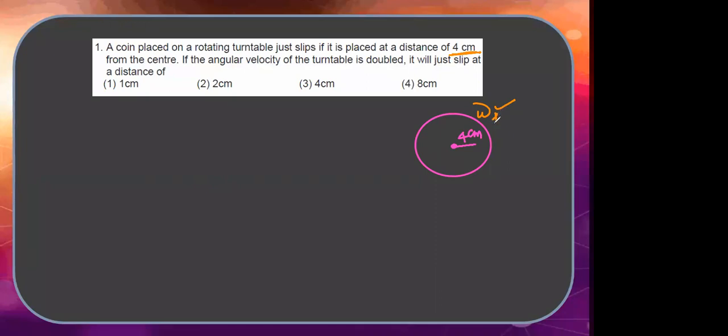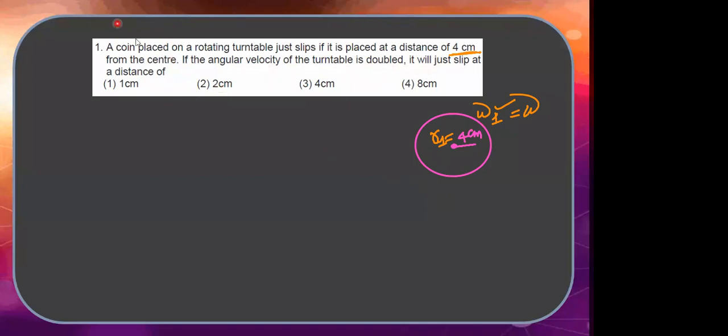First case, omega 1 is taken as omega. Distance R1 is taken as 4 centimeters. Then what did they say? If the angular velocity of the turntable is doubled, it will just slip at a distance of.